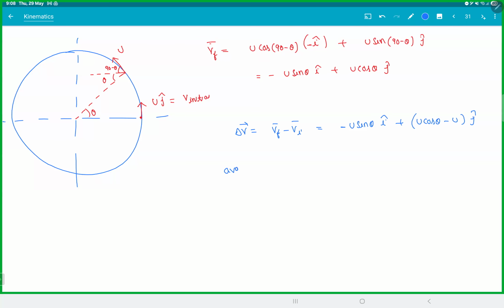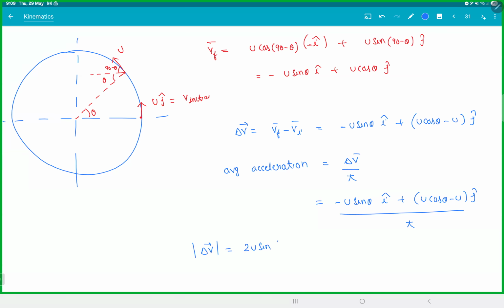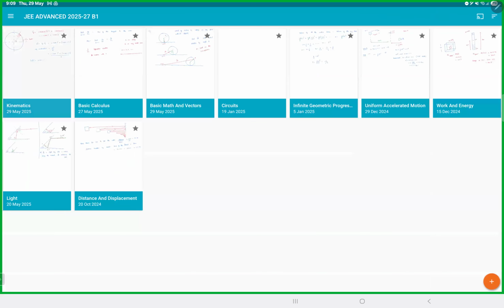You want average acceleration, actually both are related. What is average acceleration? Change in velocity by time. So whatever you got, just divide by time and you got your average acceleration: minus u sin theta i cap and (u cos theta minus u) j cap, by time. Since I asked you for vector form, but if you want to find the magnitude of delta v, this will be 2u sin theta by 2. This we have done in vectors.